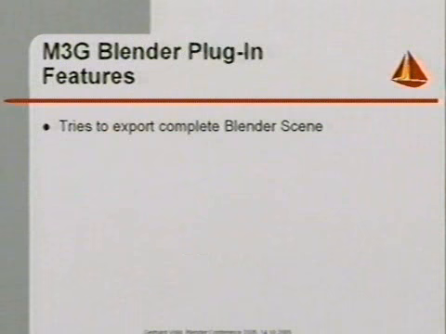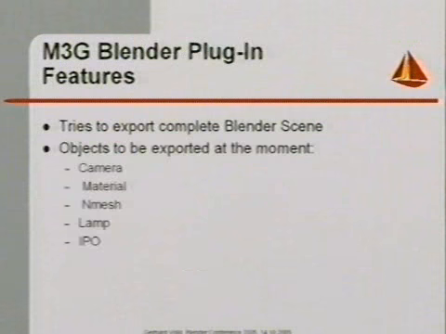At the moment you can only export these classes: the camera, the materials, meshes, lamp, IPO, and textures will be the next. But texture is a hard thing too, and so I only do UV textures at the moment, because they are supported in the API too.